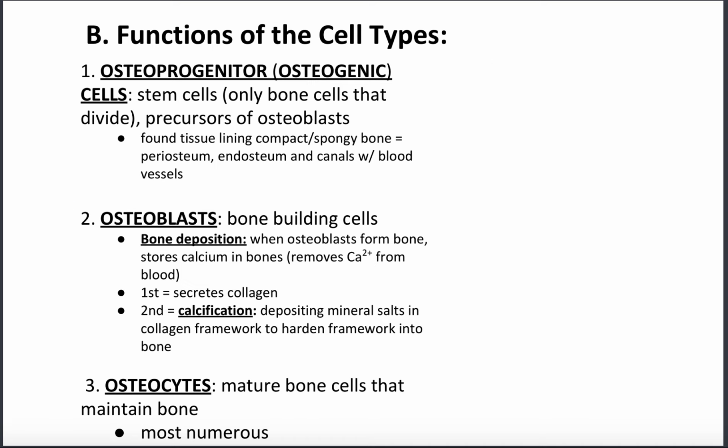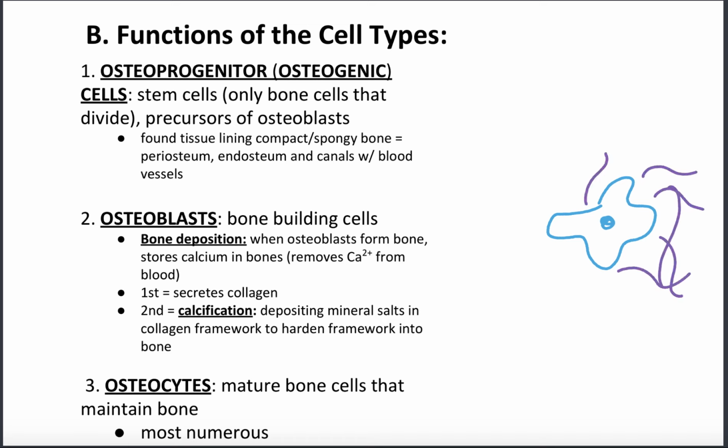So I'm going to draw a little bit of a cartoon version of what's happening, at least at the osteoblast level. So we have our osteoblast here. Okay? What it's doing is, with its fluffy cell, it's laying out collagen around itself, a collagen network.